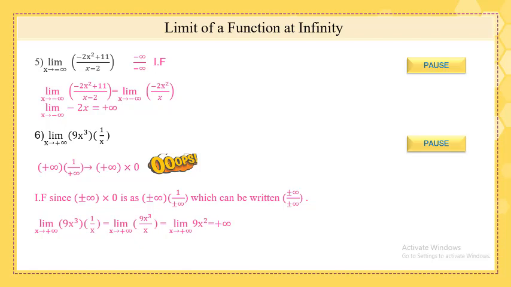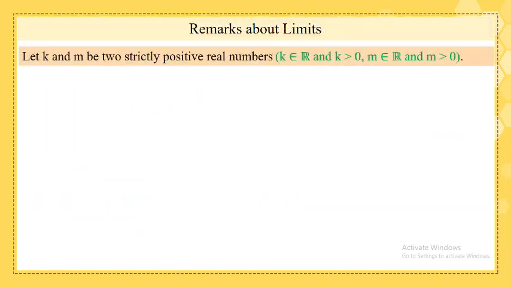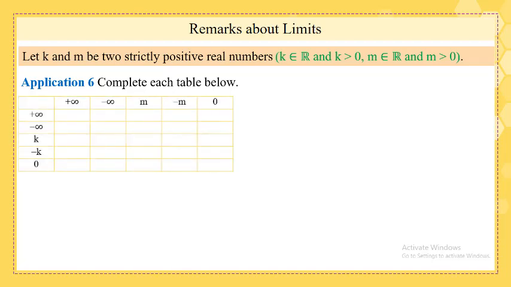Now let's consider some remarks about limits. Let k and m be two strictly positive real numbers. As an application, complete each table below. Please write the table in your paper and try to do it alone.